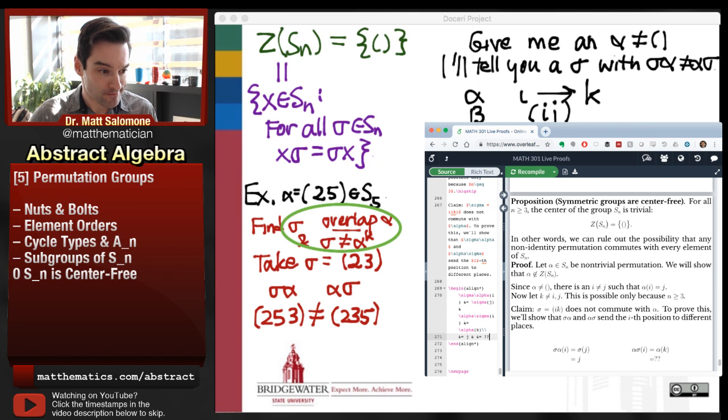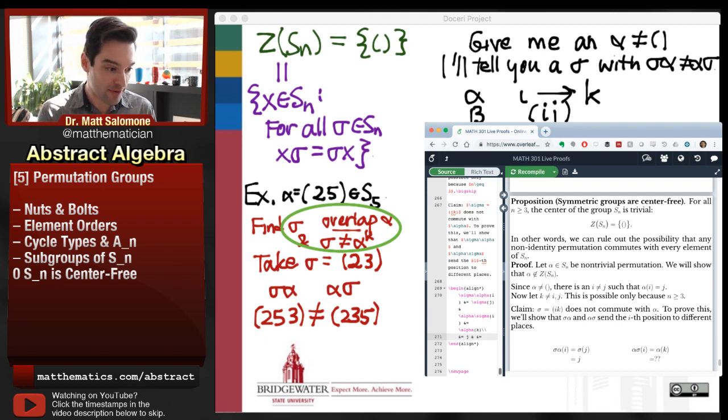I don't know that this is what we want. Maybe we wanted to start by feeding alpha position j? Well, wait a minute. No, we're fine. Okay, so I'm thinking on my feet here.